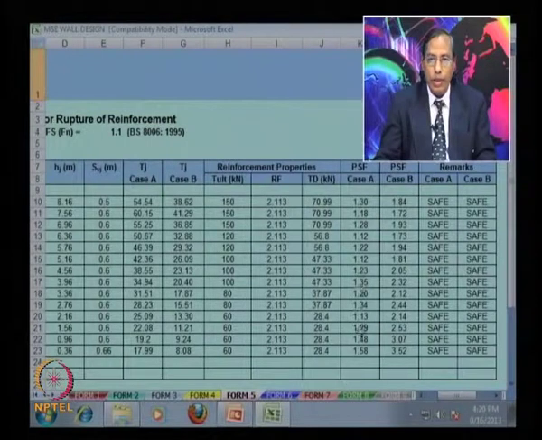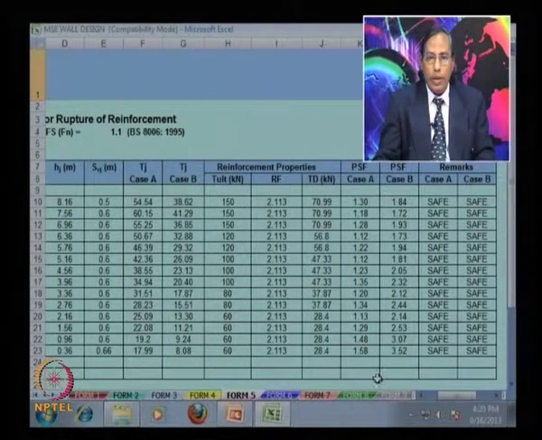So like this for case A, you can calculate the provided factor of safety. Similarly, for case B, you know what will be the Td design, you know what will be Tj required, and then you can find out the provided factor of safety for case B. So this way you can calculate, and as per the code specification it is 1.1. So it is satisfying all the criteria, either in the case of A or in the case of B.